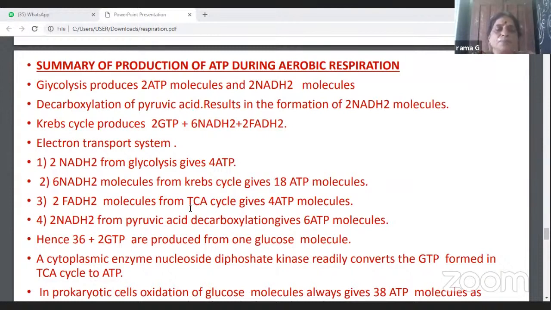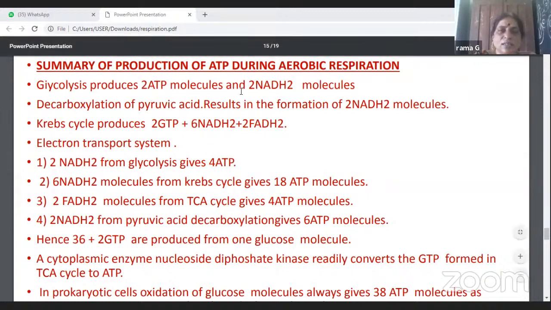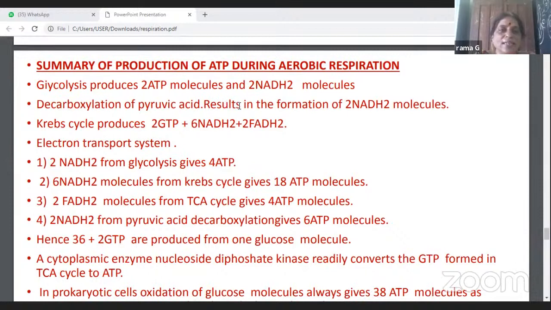Okay, so if we observe the first step of this aerobic respiration, that is glycolysis, that produces two ATP molecules and two NADH2 molecules. We know that in the starting of the glycolysis, two ATP molecules are utilized and two more are produced for each one glyceraldehyde phosphate.